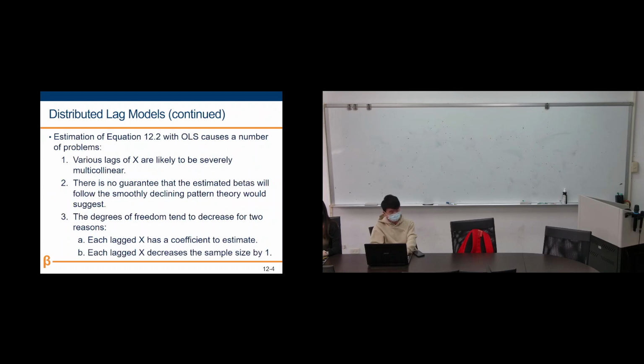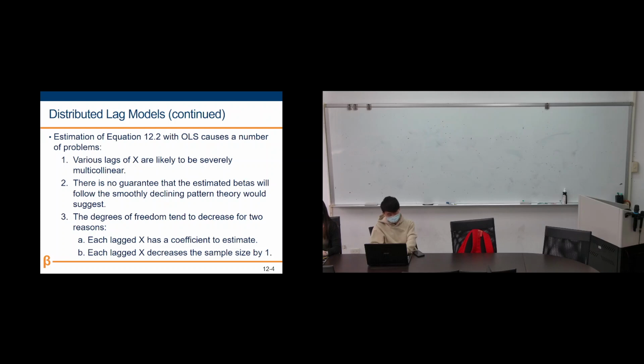But the problem is there's no guarantee that the estimated betas will follow the smoothly declining pattern that theory would suggest. We're going to use the data to show the problems later on.